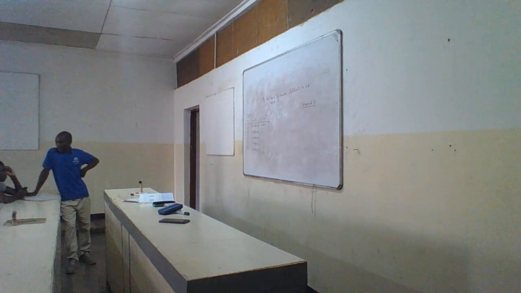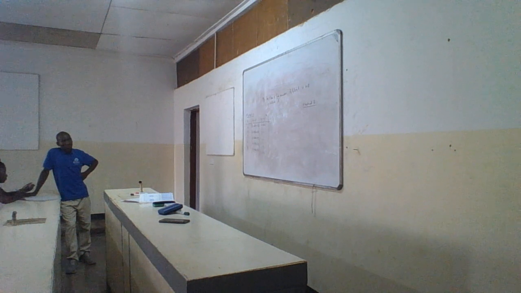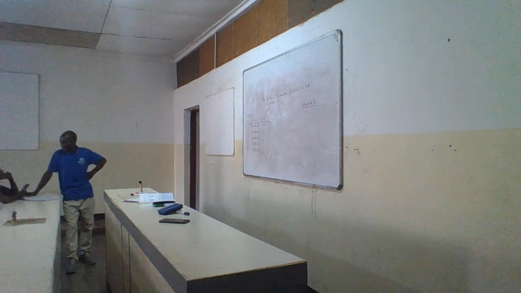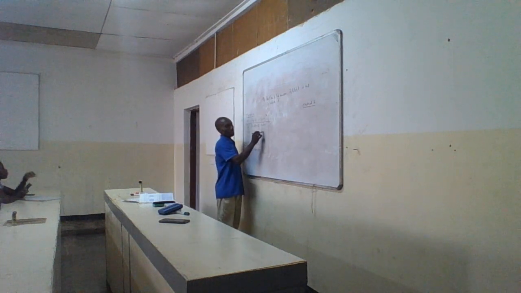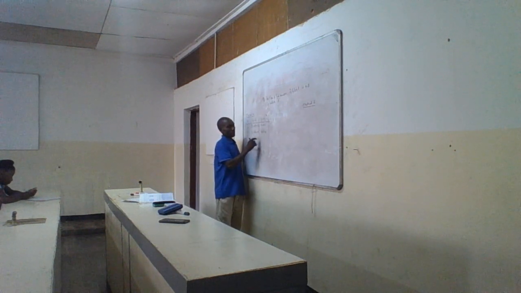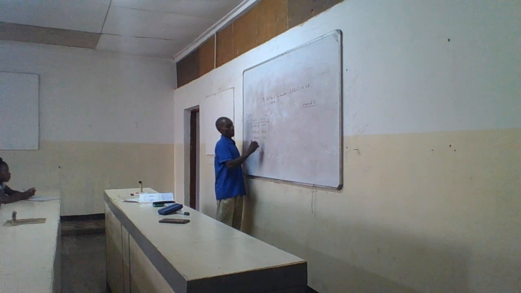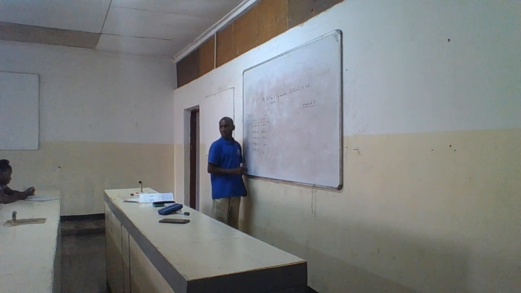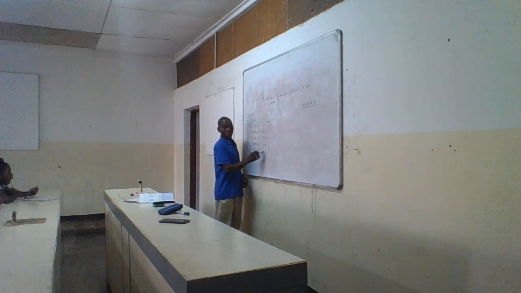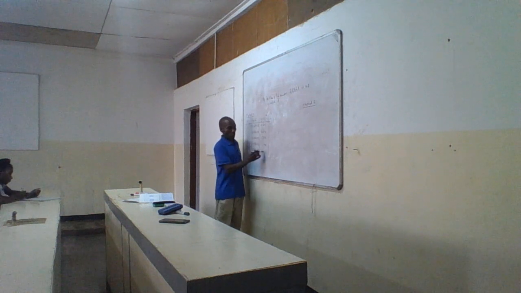The other one? 1.8 squared is 3.24. 0.2 squared is 0.04. The other one? 0.04. The other one? 4.84. The other one? 3.2 squared, 10.24.